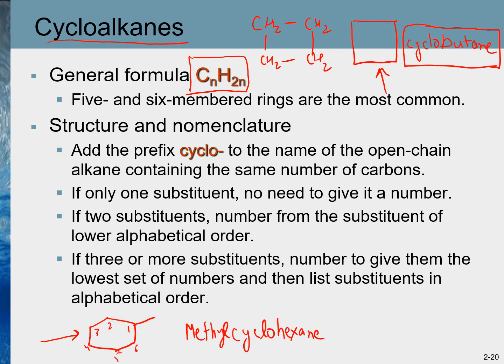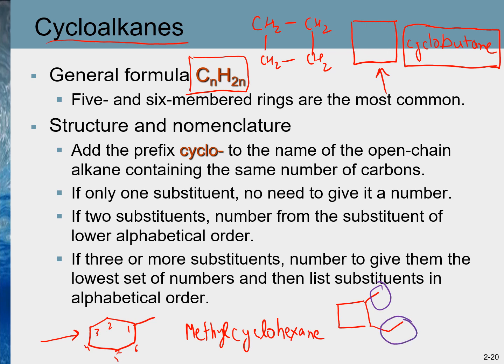If there are 2 substituents, then we number the ring by beginning with the substituent of lower alphabetical order. For example, in this cyclobutane, we have a methyl substituent here and an ethyl substituent here.